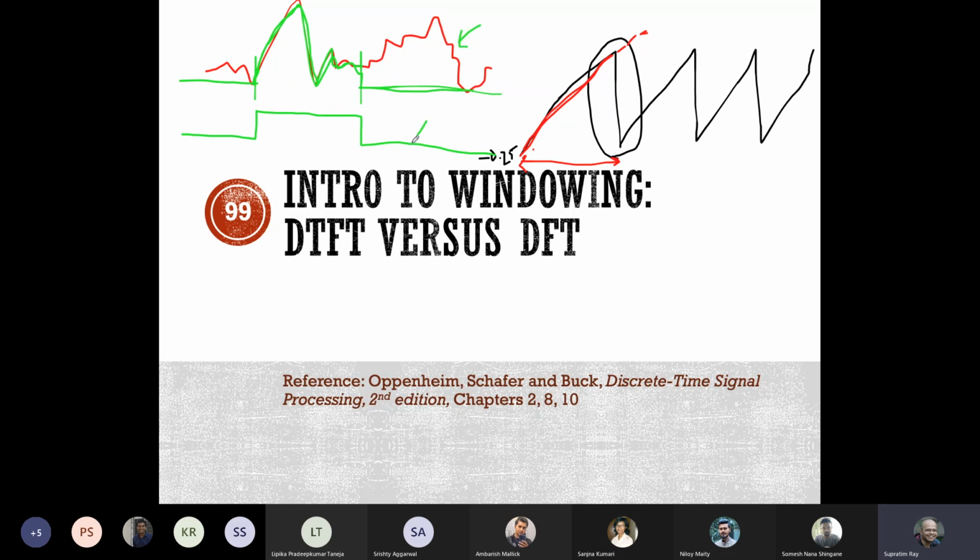This red multiplied by this thing is this finite length signal that you have. So in the frequency domain, it's nothing but the actual Fourier transform that you're interested in, convolved with the Fourier transform of the rect function, which, as we know, is a sinc function. Okay, does that make sense?